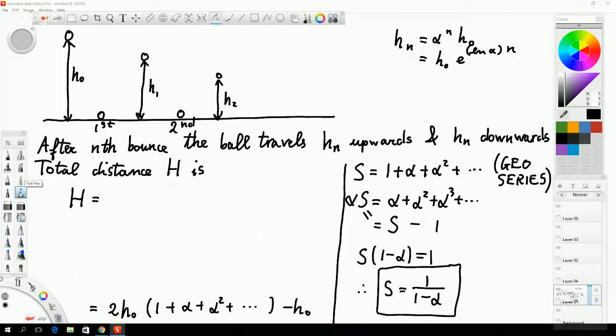We end up with h equals 2h naught into that sum, so 2h naught over 1 minus alpha, minus h naught. Let's just clean this up a bit.